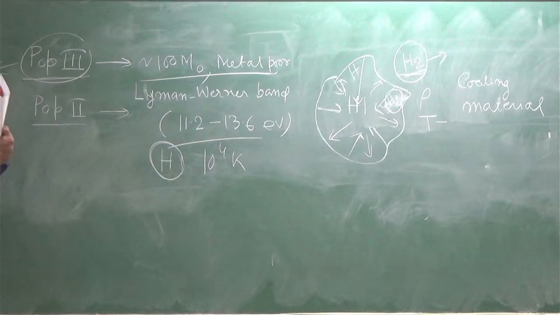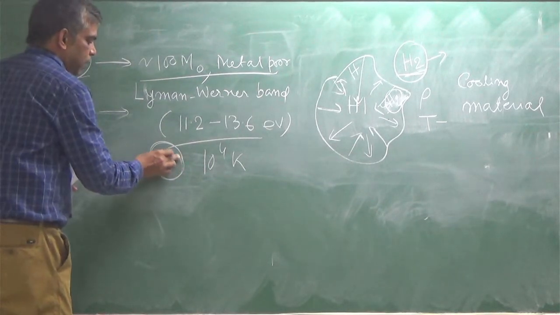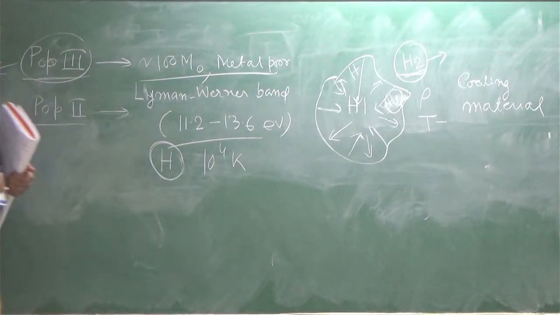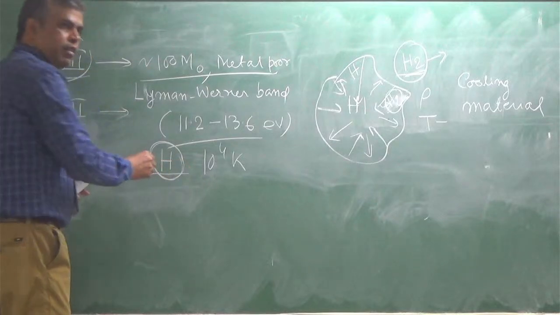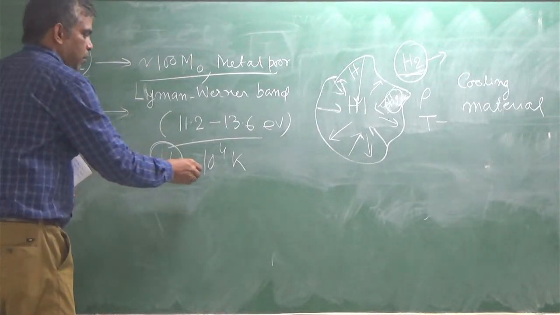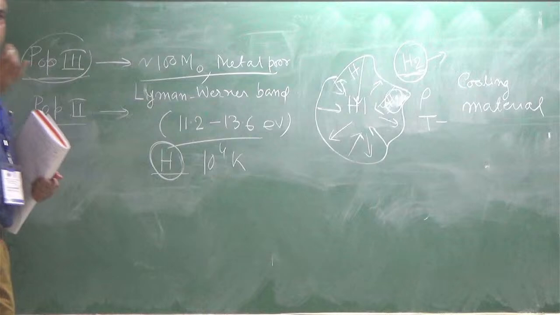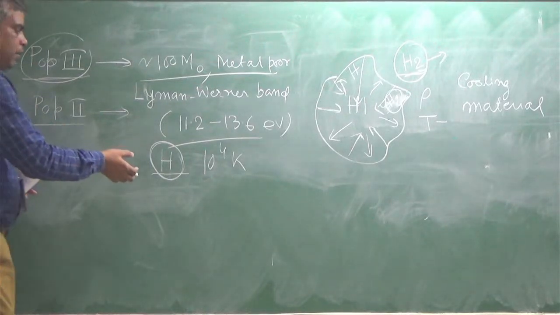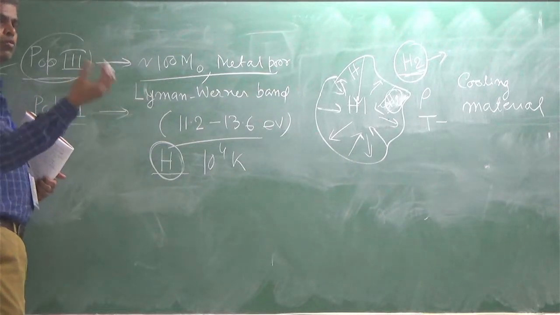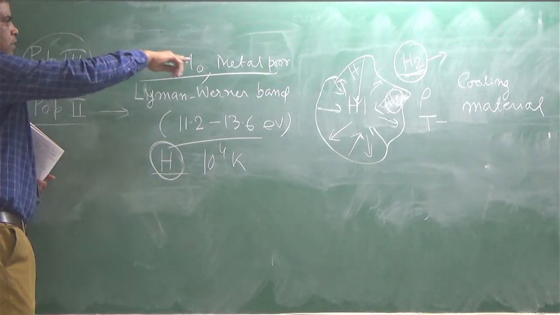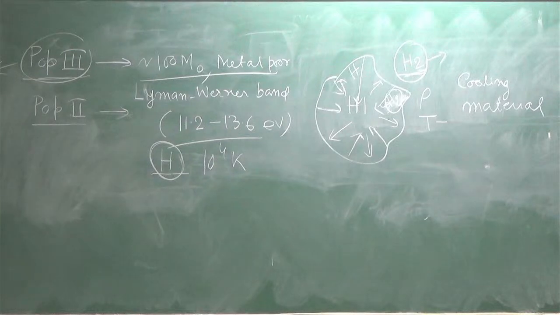The system temperature should be at least 10 to the power 4 Kelvin in order to make this process efficient. Initially you do not have very massive sources, only very small sources. And for those sources, H2 cooling is important.